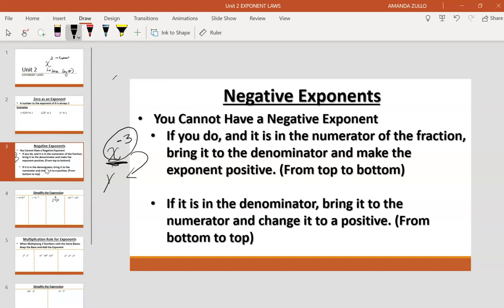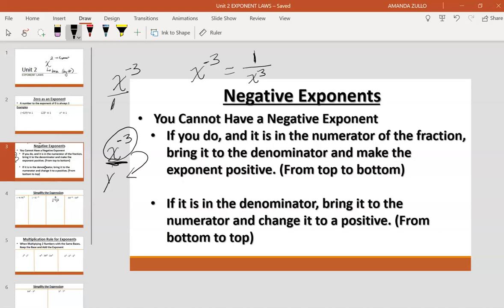Similarly, if I just had x to the negative 3, this is considered the top of a fraction because technically we're over 1 here. Okay, so if you get a base to a negative exponent, you put it to the bottom of the fraction, change your negative exponent to a positive one, and there might be numbers here sometimes, and if there isn't, you're going to put a 1. Okay.